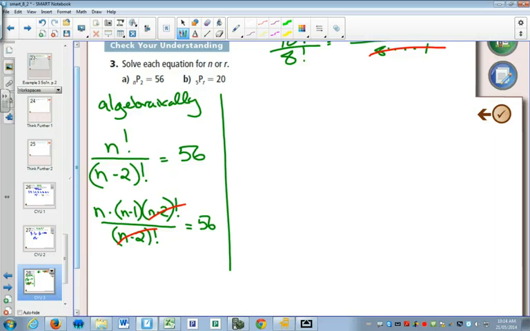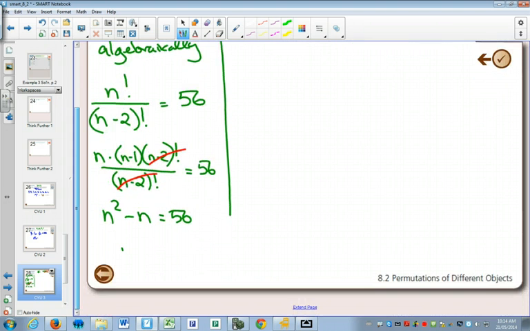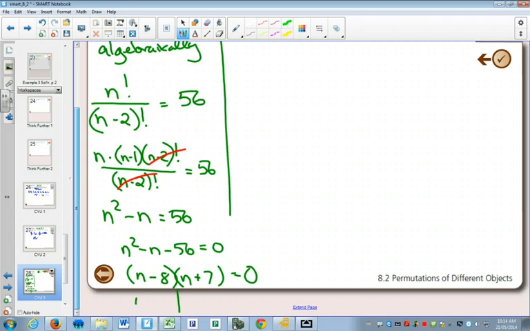Now I have n times n minus 1, and if I expand that, I'd get n squared minus n equals 56. And they have to say, when have I seen a question like this before? And how do I solve it? Move over the 56 and factor. So n could be 8 or n could be minus 7.